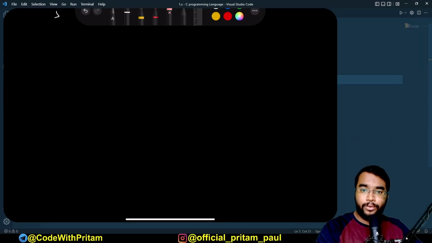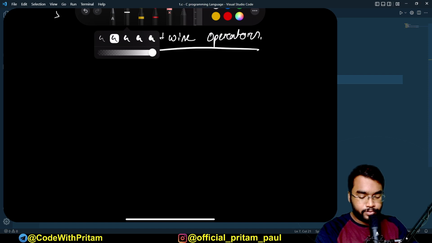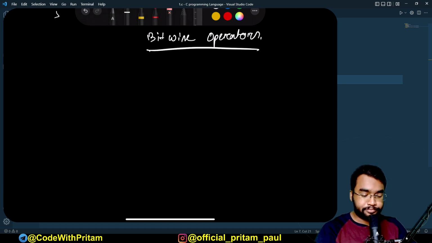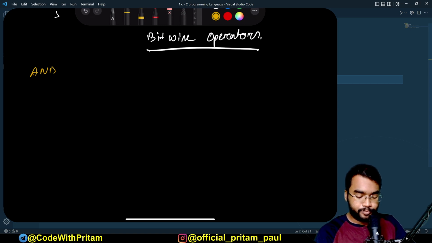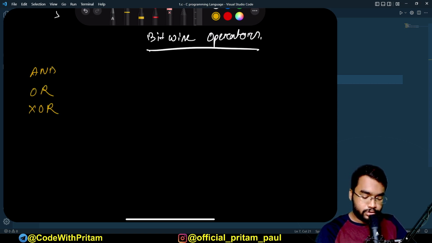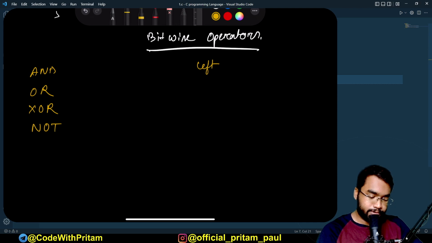Okay, so now let's talk about the bitwise operator. Now there are various bitwise operators. For example, bitwise AND, bitwise OR, bitwise XOR, bitwise NOT, then left shift, then right shift.